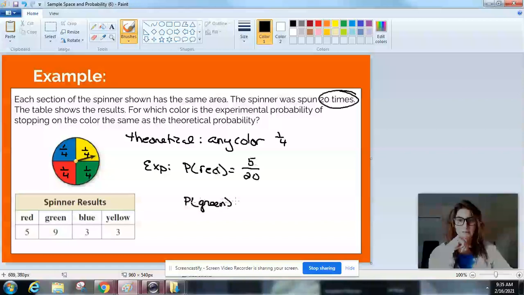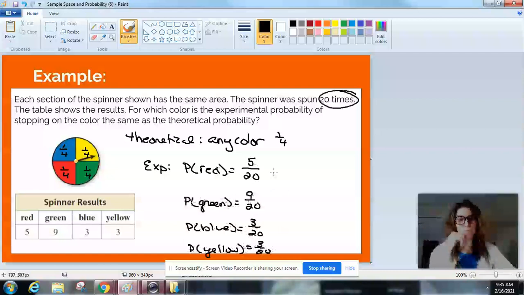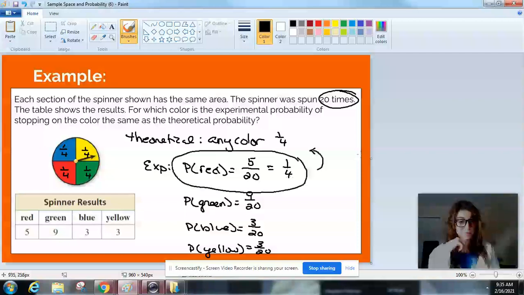For green, I have 9 out of 20. For blue is 3 out of 20, and so is yellow. So which of these comes out to be 1/4? And that ends up being red. So the probability of red matches our theoretical probability here.